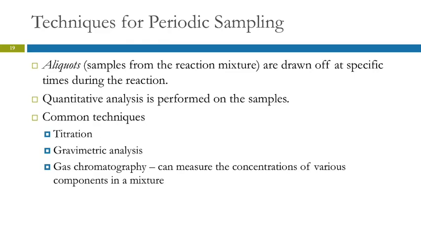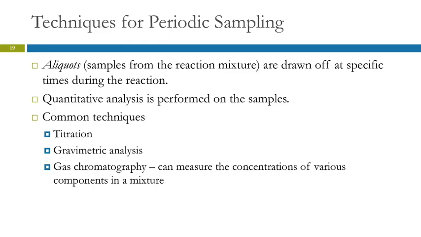An aliquot just means a sample from the reaction mixture, just a little sample. So we can take samples from the reaction mixture at particular times and then analyze the samples. Of course, there's considerations like you don't want to take so much of the sample out that you screw up the reaction, right? It has to be a small percentage of the actual reaction.